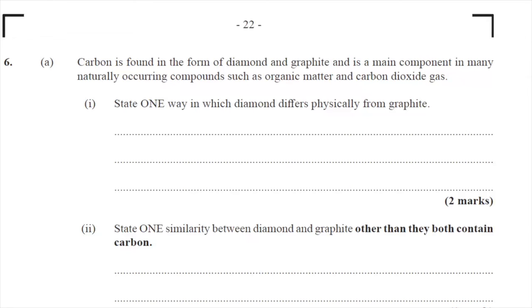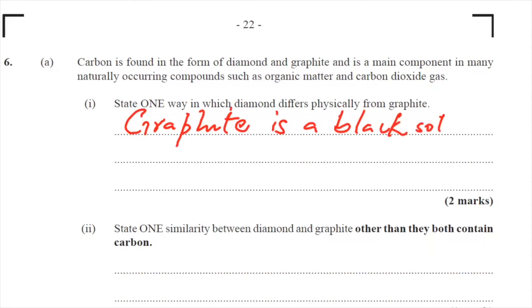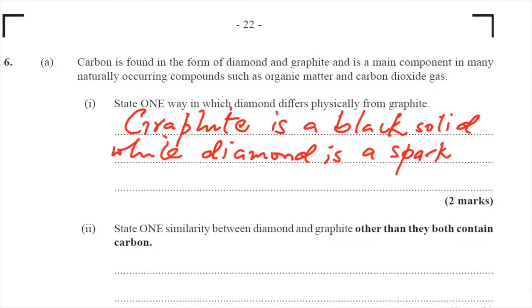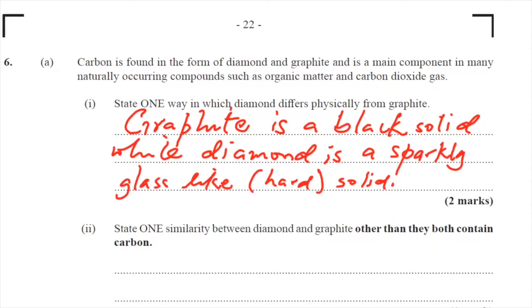So one way in which diamond is different from graphite: it's all in the appearance, not just the appearance, but graphite is a black solid while diamond is a sparkly glass-like hard solid.